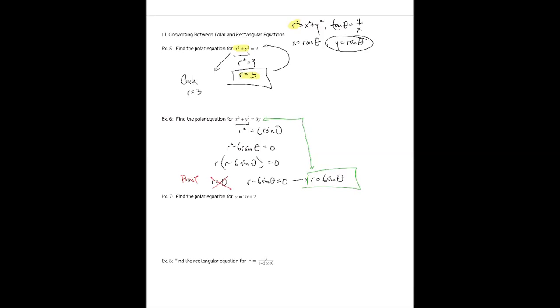Would it be the r squared equals x squared plus y squared? Well, I don't have a y squared, right? I just have a y. Then could it be the tangent? That is a y. I mean, I could do that, but I can't just plug in tangent theta because that's what y over x equals.